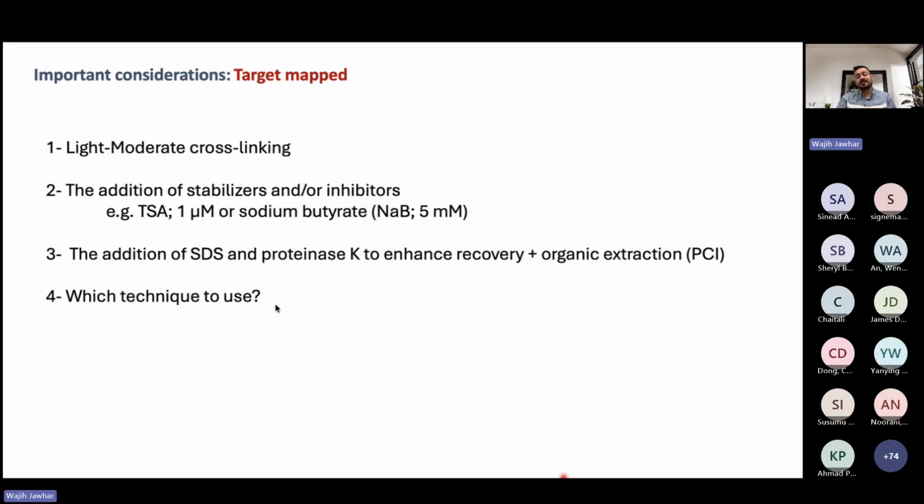And then, of course, another thing that we were asked quite a lot is which technique to use. CUT&RUN works for a broader range of targets, including post-translational modifications and transcription factors. So preferably, if you're profiling a transcription factor or something that's lowly abundant, like a lowly abundant PTM, I would recommend that you start with CUT&RUN and see how that goes.